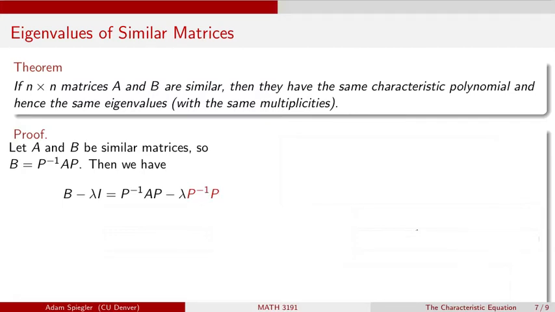So we've done two things in this step. That is, we've used our assumption that B is similar to A, and then we use the fact that if P is invertible, then we can replace the identity matrix with P inverse times P.